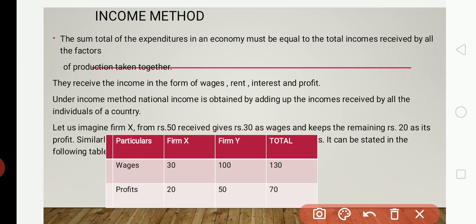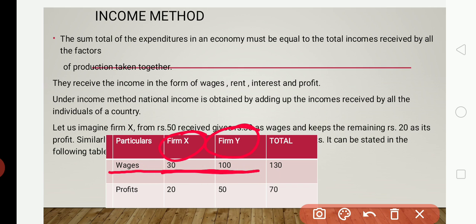And here now is how the income method is added. When the wages of firm X and firm Y are added, like that many firms are there in India. Macroeconomics means studying as a whole. How many industries, how many firms are there in India, taking into consideration all the wages received.